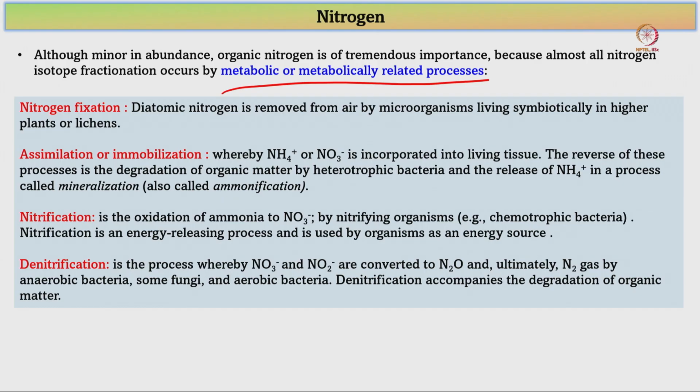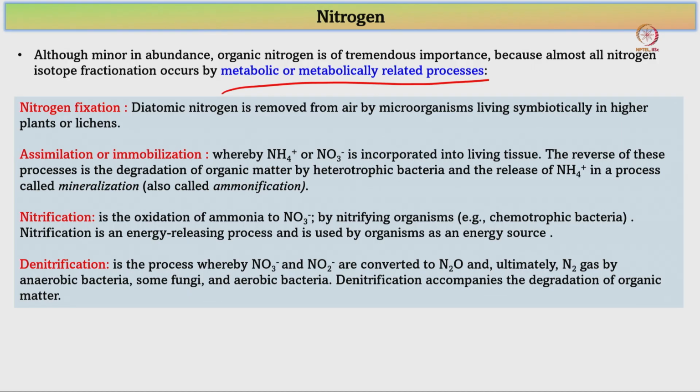This process is called assimilation or immobilization. Now, the nitrogen is immobilized. The reverse of this process is called degradation of organic matter, which is done by heterotrophic bacteria, and the ammonium is again released back into the ecosystem. This process is called either mineralization or ammonification.